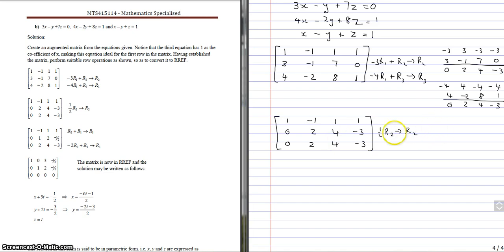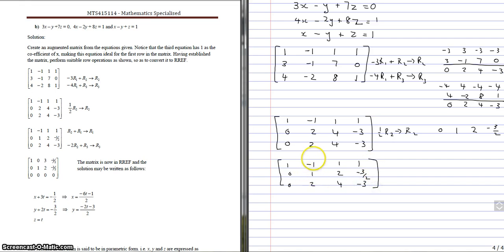In doing that we'll get 0, 1, 2 and negative 3 over 2. So 1, negative 1, 1 and 1, that's unchanged. 0, 1, 2 and negative 3 over 2. And then we've still got 0, 2, 4 and negative 3. So our leading entry in row 2 is 1.